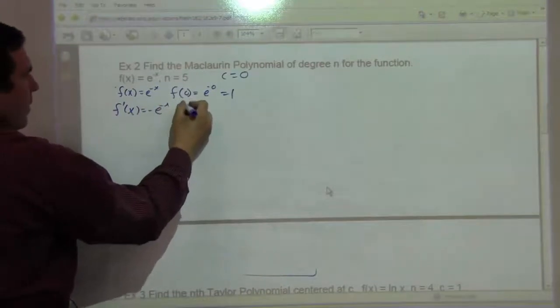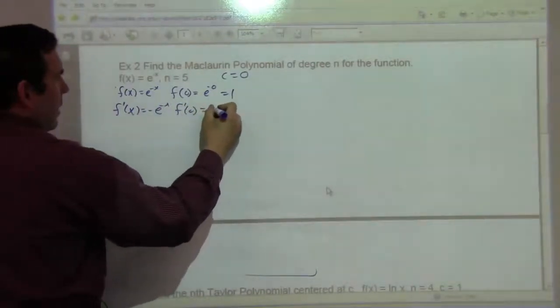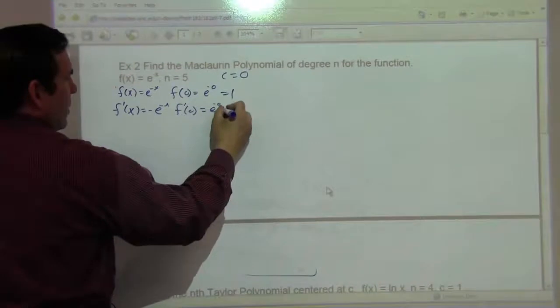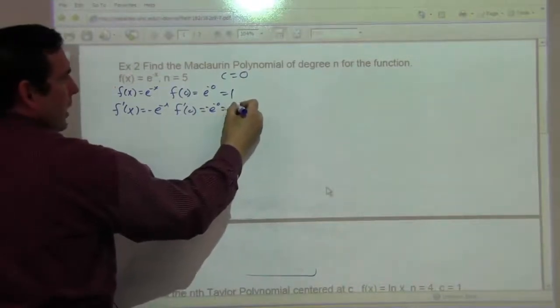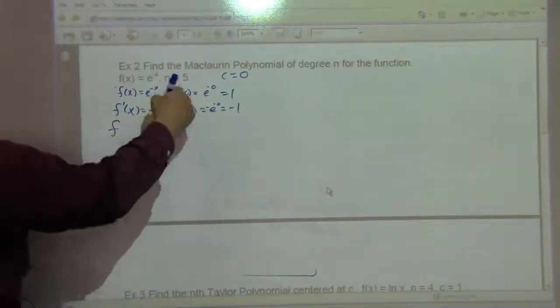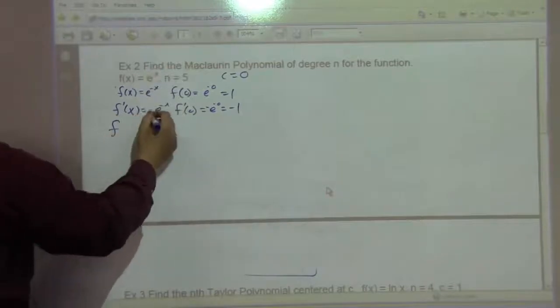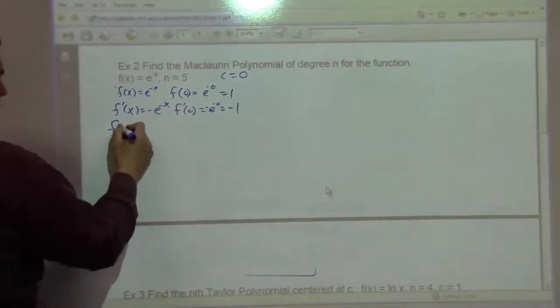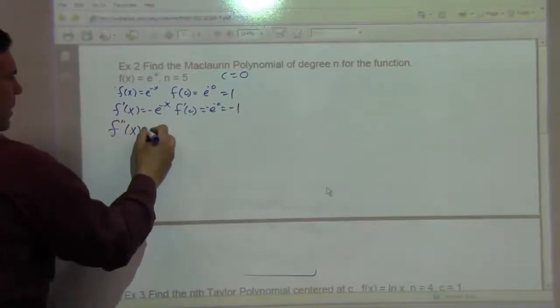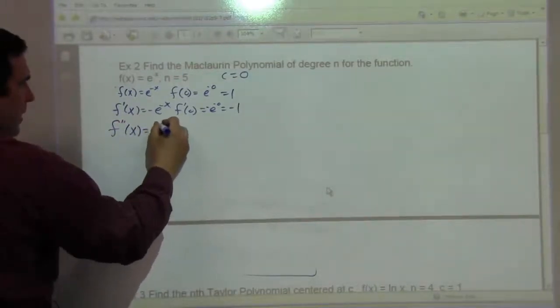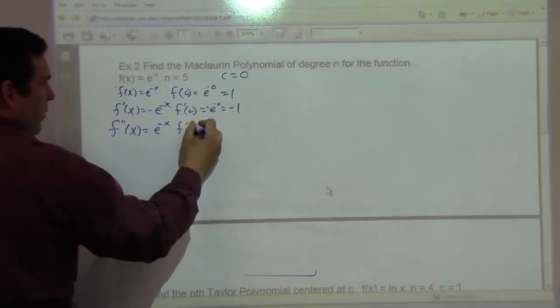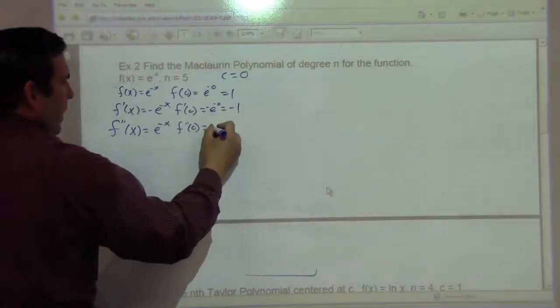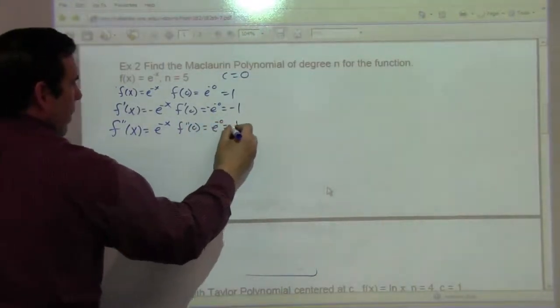So f prime at 0 is going to be negative e to the negative 0, which is negative 1. F double prime of x is going to be positive e to the negative x, so f double prime at 0 is going to be e to the negative 0, which is 1.